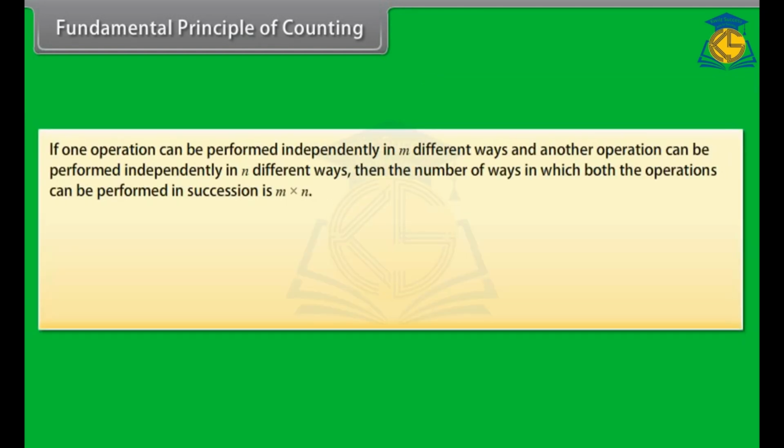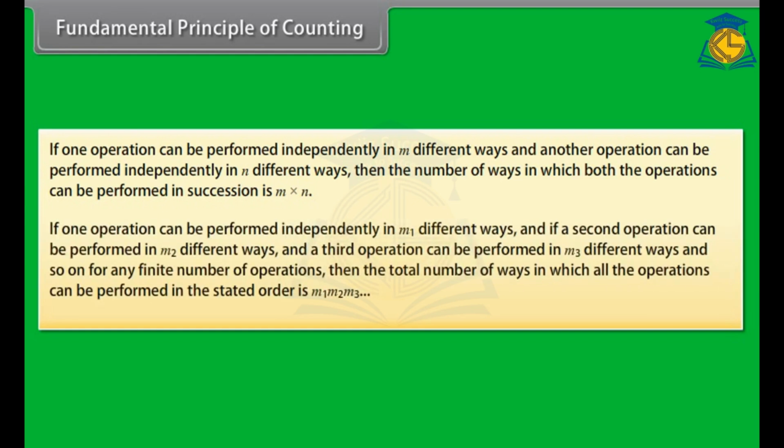The fundamental principle of counting is stated below. If one operation can be performed independently in m different ways and another operation can be performed independently in n different ways, then the number of ways in which both the operations can be performed in succession is m into n.